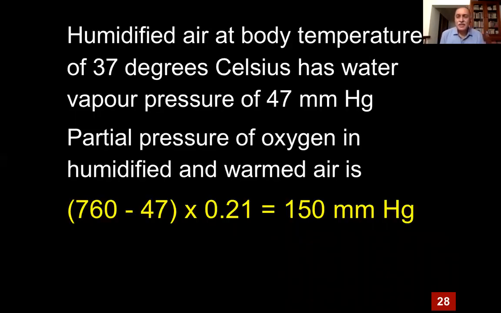Now, when we breathe these dry atmospheric gases into our lungs, our body does two things to this. One, it humidifies the gases, and two, it warms up these gases to our body temperature of 37 degrees Celsius.